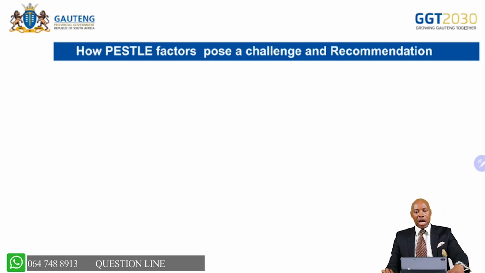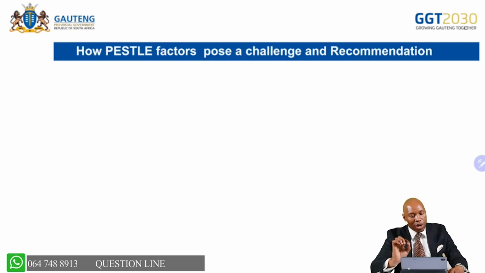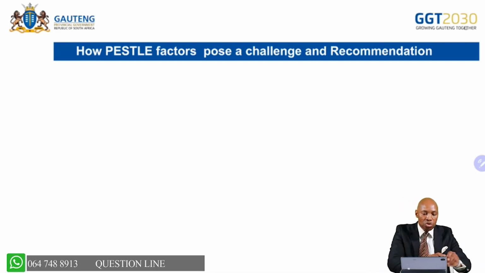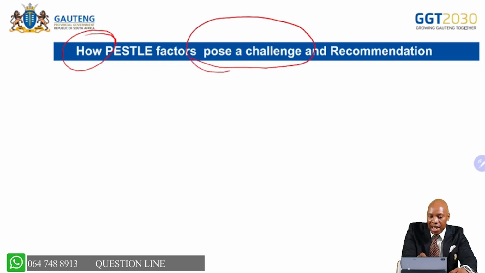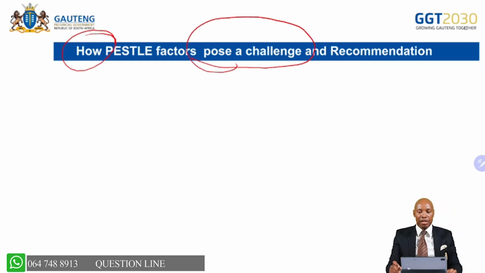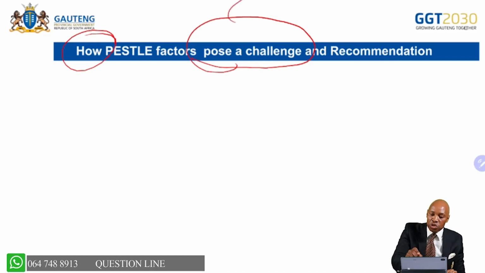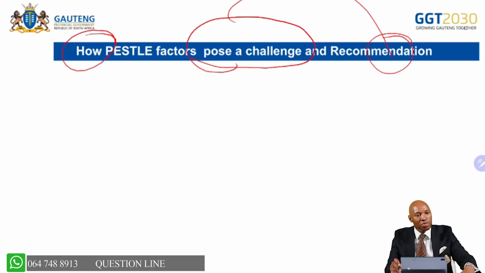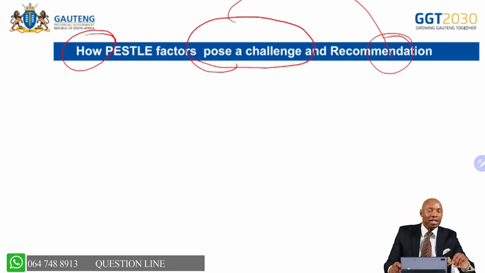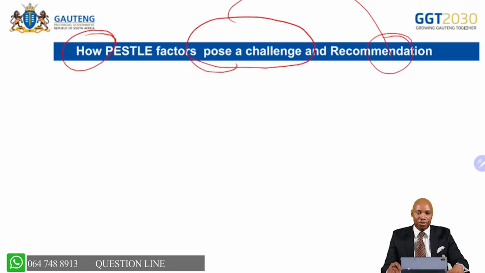Right. Now, here, what is it that you need to know? You need to know how the PESTLE analysis poses a challenge to a business. And then you must be able to recommend based on the challenge posed by your political environment, your economic environment, your technological environment, your legal environment, and so forth.